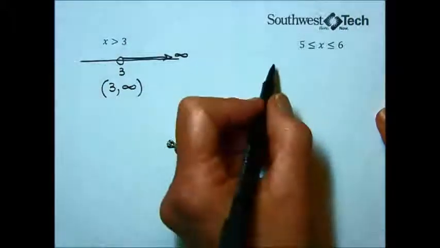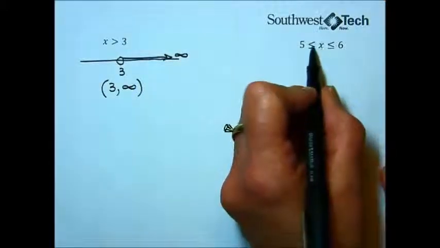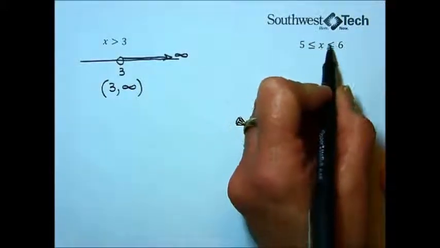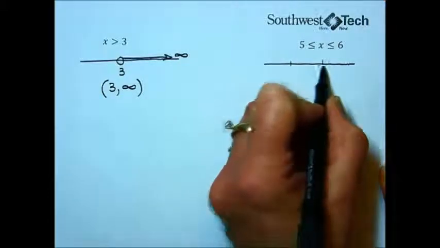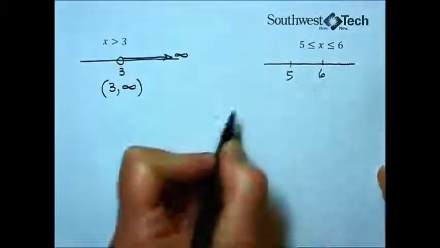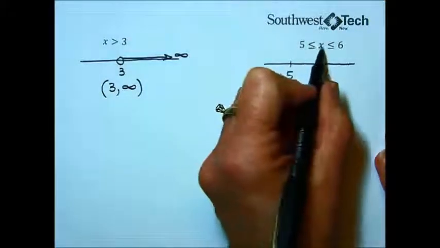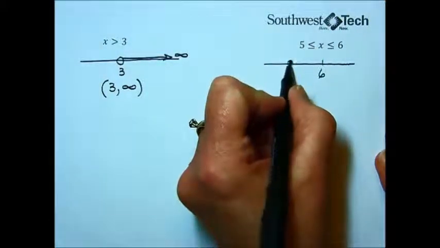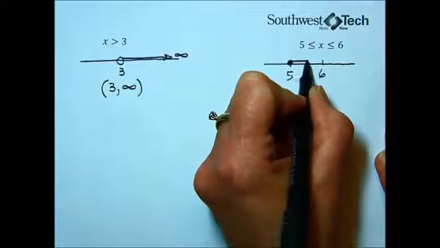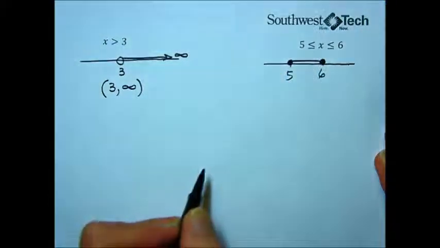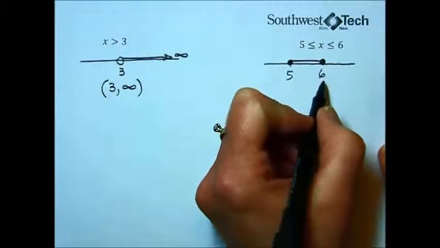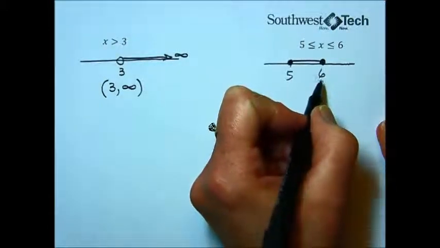I have another example here with x is greater than or equal to 5 and less than or equal to 6. Let me draw a number line for that as well, so we get a sense of what numbers we're talking about. X is greater than or equal to 5, so we have a solid point, and less than or equal to 6. So we have a solid point at 6 because it's included in the solution.